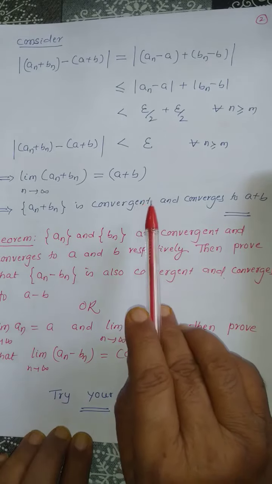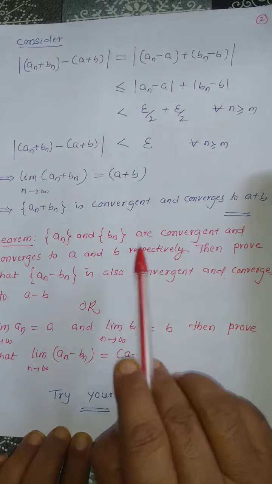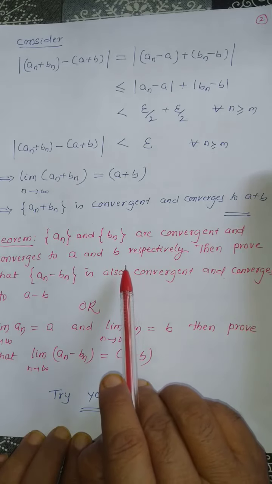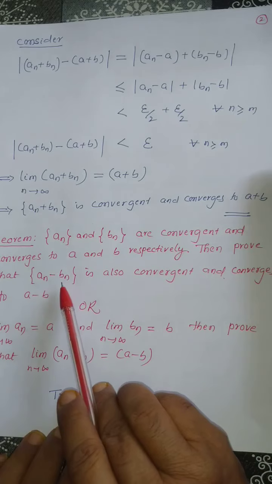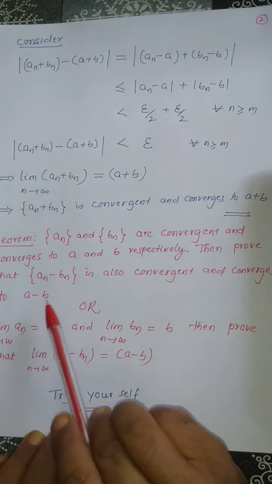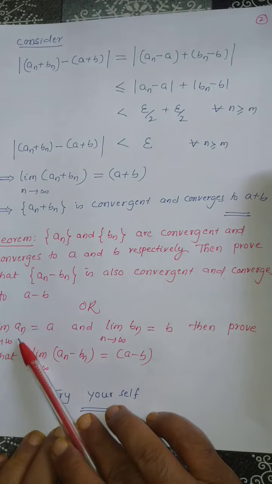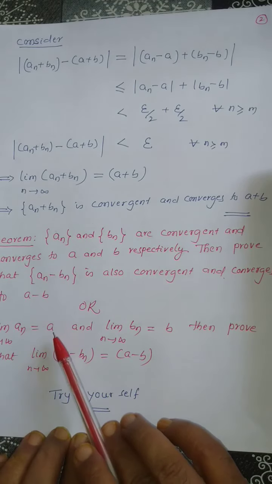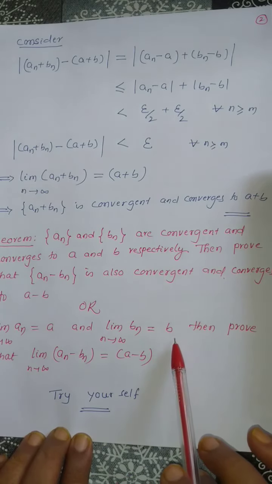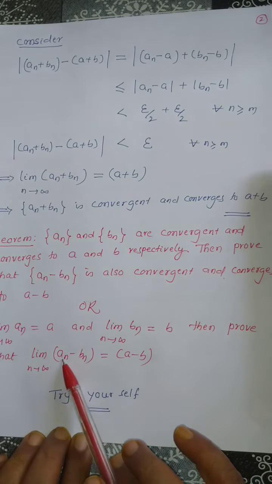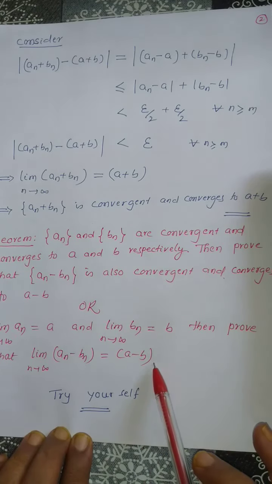On similar lines, if an and bn are convergent and converge to a and b respectively, then we have to prove an minus bn is also convergent and converges to a minus b. Or in other words, the limit of an as n tends to infinity equals a and the limit of bn as n tends to infinity equals b, then we have to prove the limit of an minus bn as n tends to infinity equals a minus b.